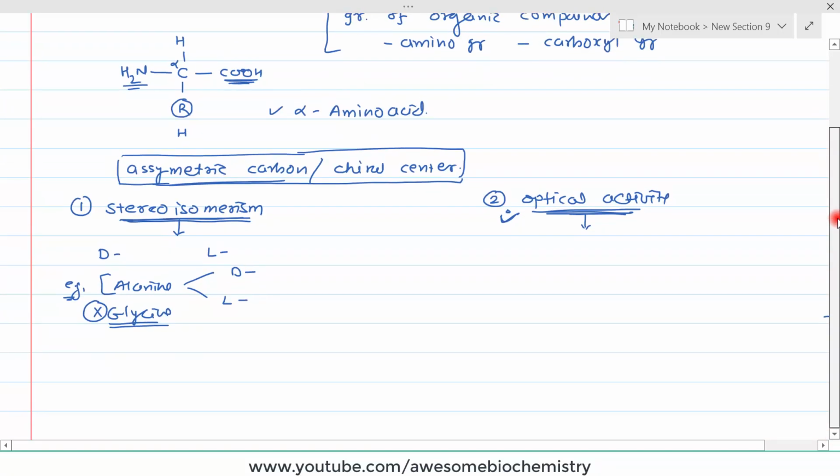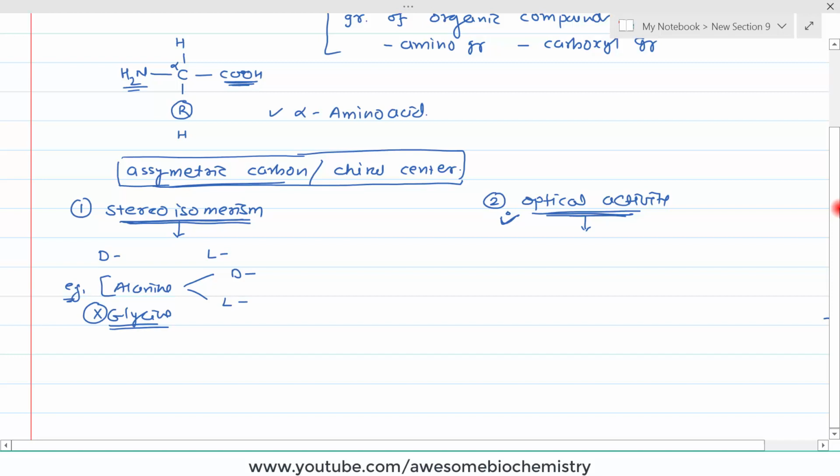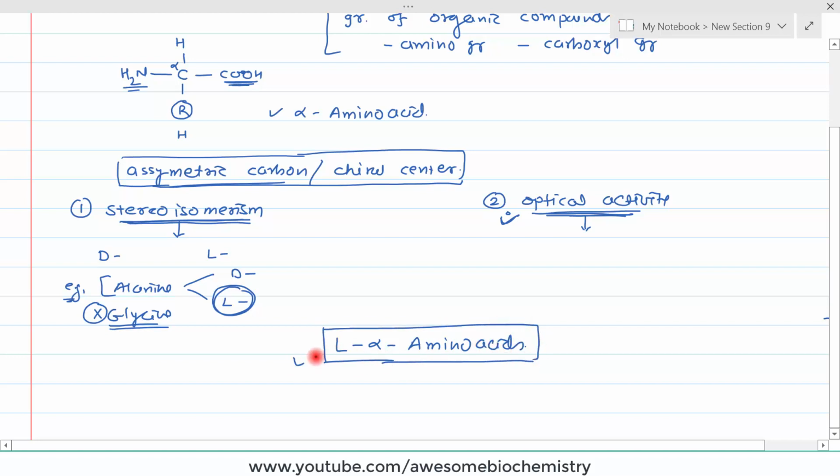Now, the question arises: in the biological system, especially in humans, which form of amino acids is present? In humans, the L form of amino acids occurs. So, in biological systems including humans, we call them L-alpha amino acids. This is the most prominent form found in living organisms.